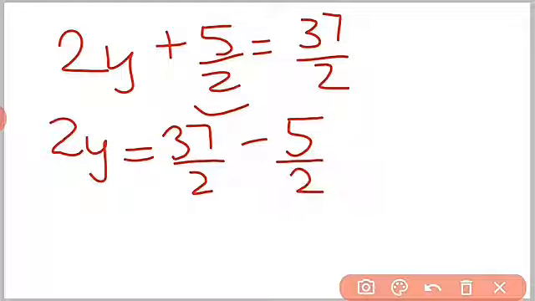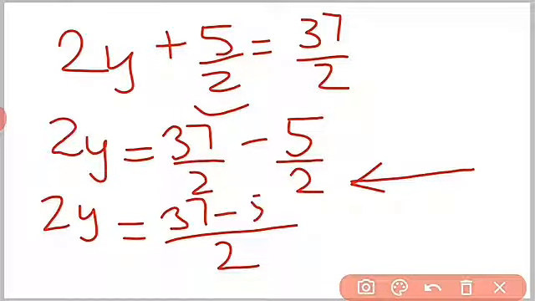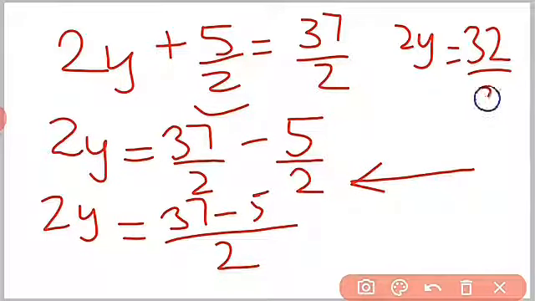Now we see that the denominator for both numbers is the same, that means the LCM is 2. So the next step is 37 minus 5, which is equal to 32. 32 divided by 2 will be equal to 16.